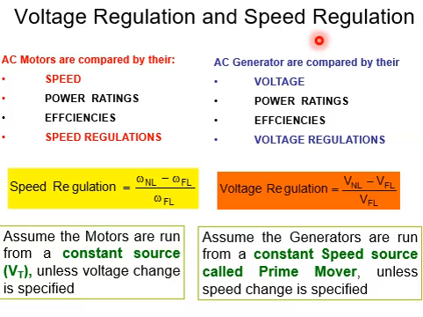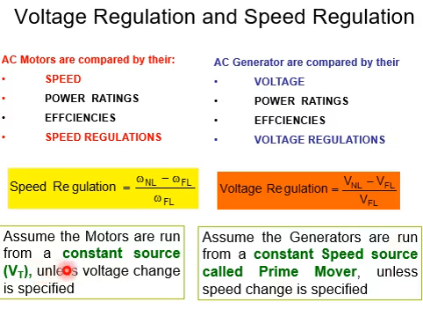On the right side, you can see that the AC generators are compared by their voltage regulations. The formula for speed regulation also shows omega NL and omega FL. This is the speed for the no load and speed for the full load. Similarly, VNL is the voltage for the no load and voltage at full load.